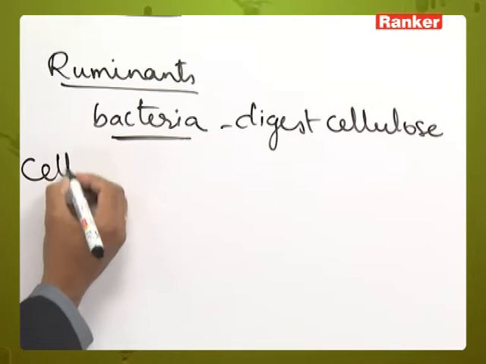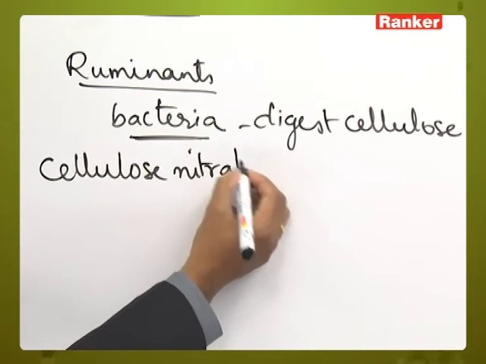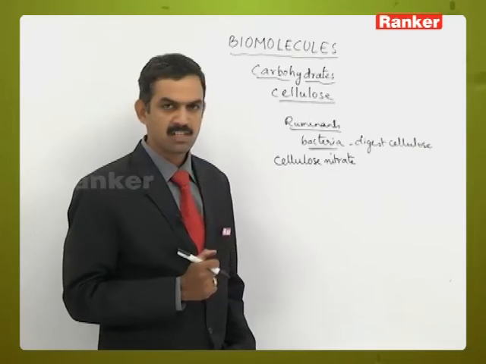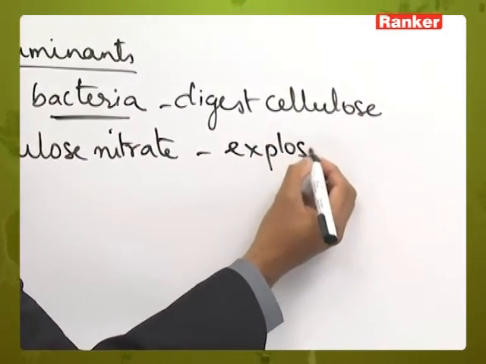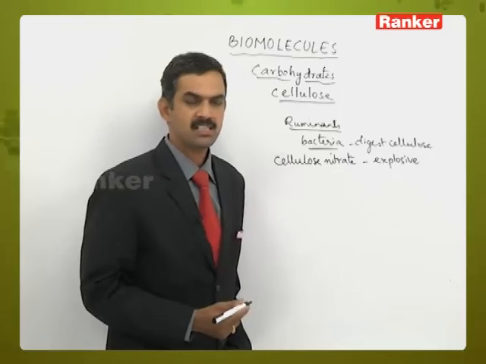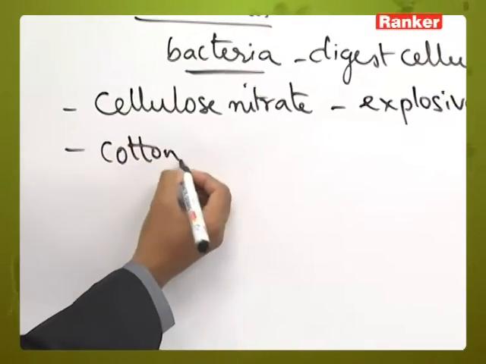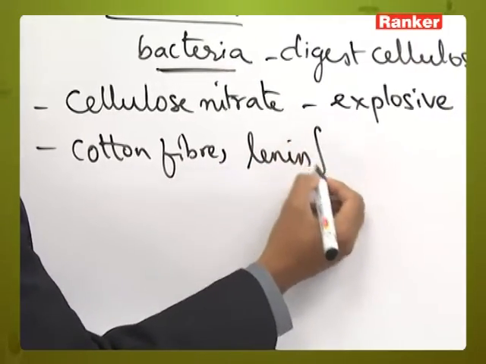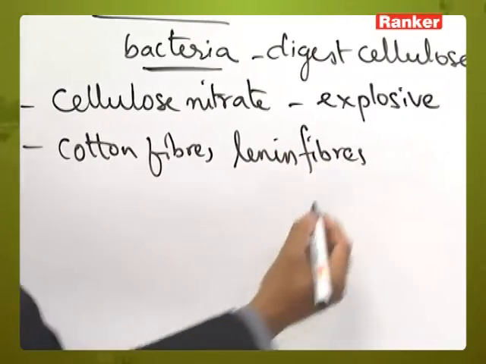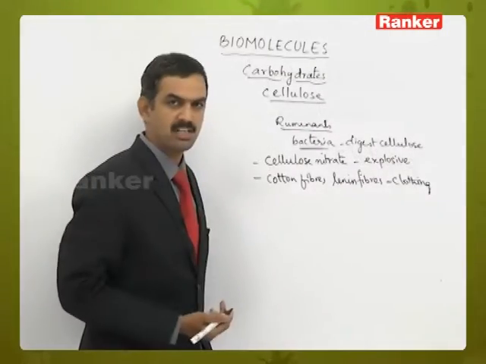Next one, cellulose nitrate is formed with the help of nitrate and cellulose. The nitrate is combined with the cellulose to form cellulose nitrate, which is used as an explosive. And some of the cotton fibers and linen fibers, which are useful for clothing purposes, are also made up of cellulose as the major content.